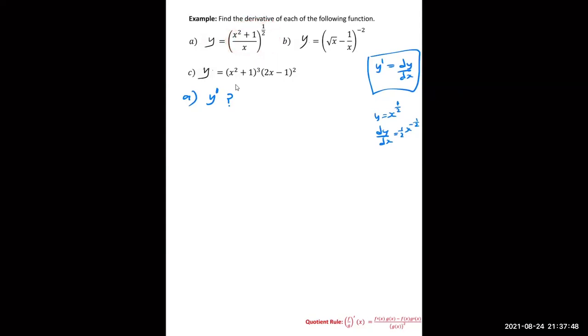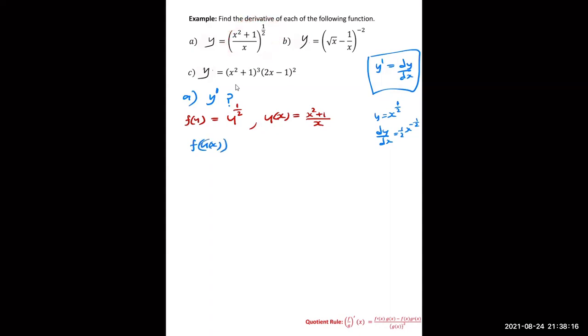Here is how I'm going to identify f of u and u of x. I'm going to identify my f of u to be u to the power 1/2 and u of x to be x squared plus 1 divided by x. Then notice that if you compute the composition f of u of x, you will exactly get this function.